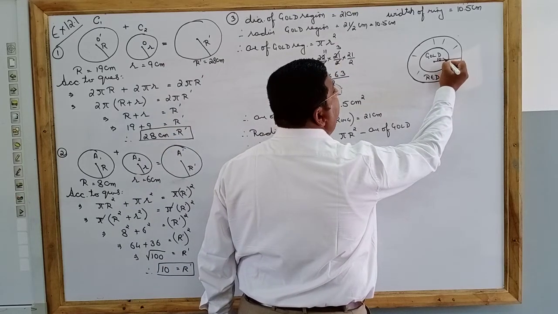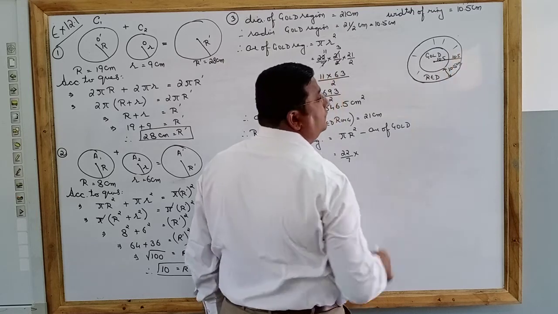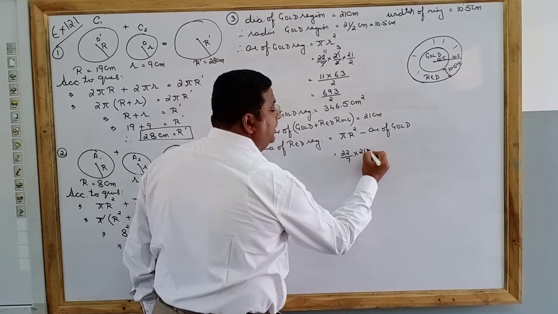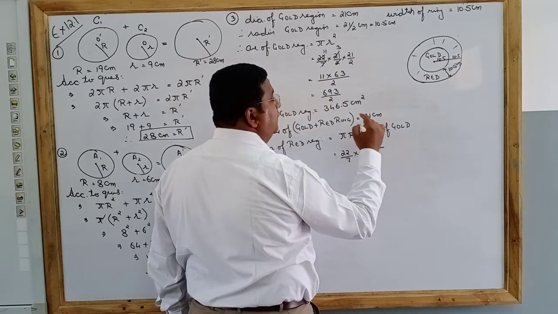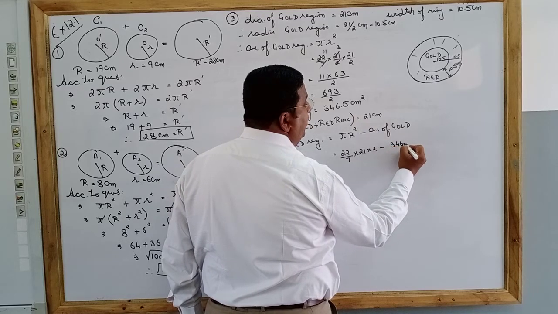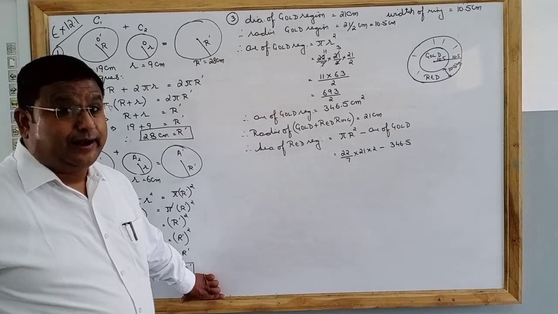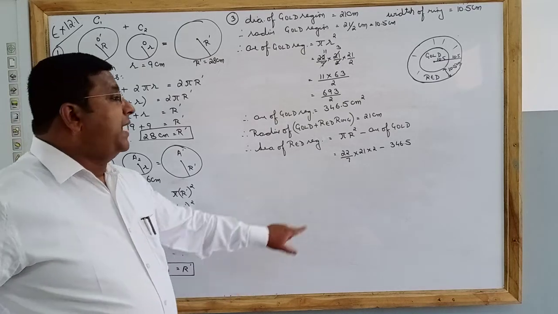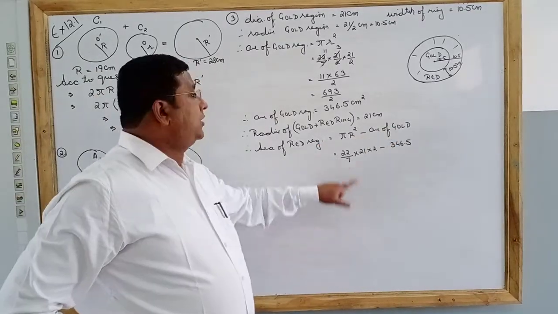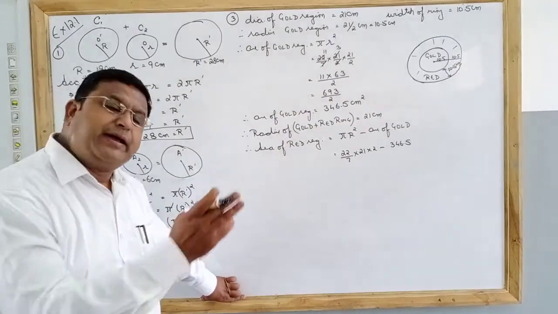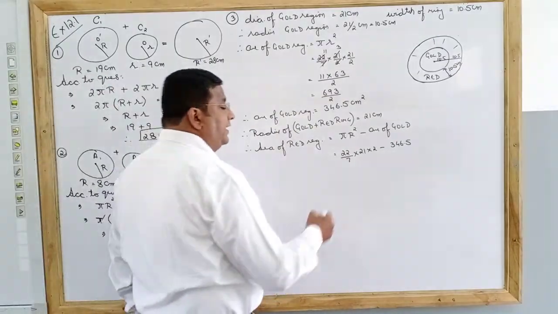This is 10.5 and this is 10.5. So 21 into 21 minus area of gold, 346.5. Yes, we can do it by concentric circles as well. Pi capital R square minus pi small r square, that is the same we have already. We can take pi common. Same thing can be done. That is not the issue.